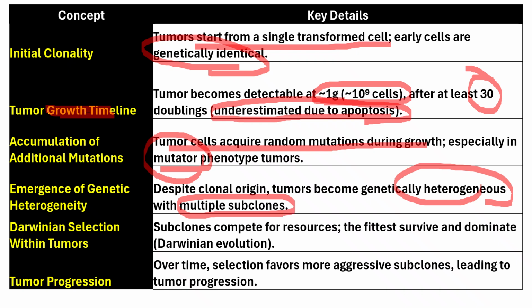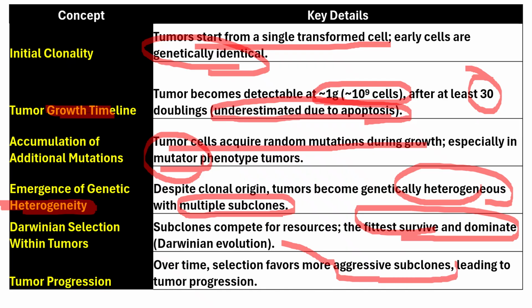So the single clone is now transformed into multiple clones, that is termed heterogeneity, that compete for nutrients and environment for their survival, and the fittest survives and dominates. And over time, these clones become more aggressive and lead to progression of the tumor.